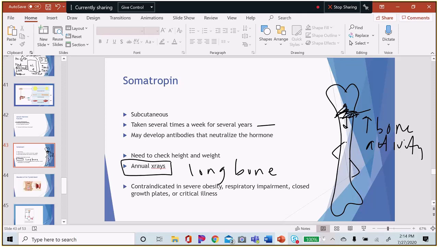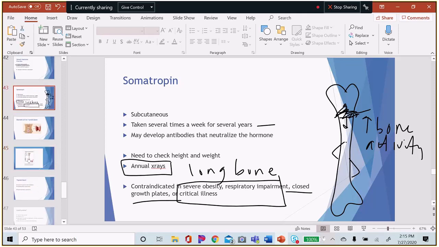If a patient has closed growth plates, obviously they can't take it. Severe obesity and respiratory impairment, if you give growth hormone at the same time, you can increase the risk of respiratory distress. Same with critical illness. So you have to be careful when giving it to people in this category.